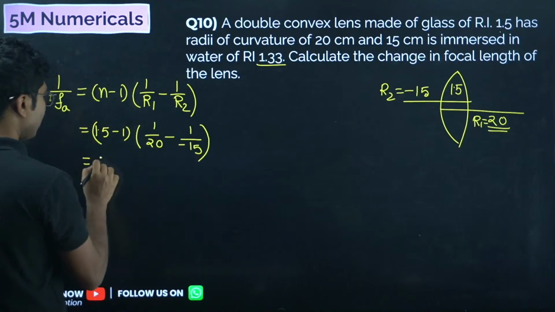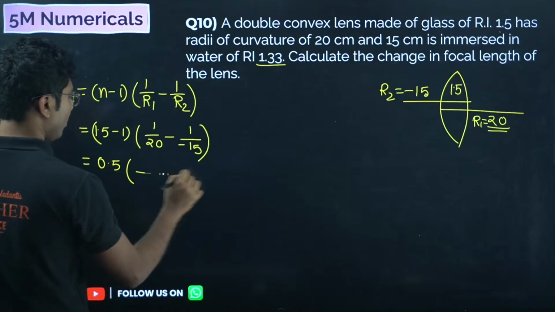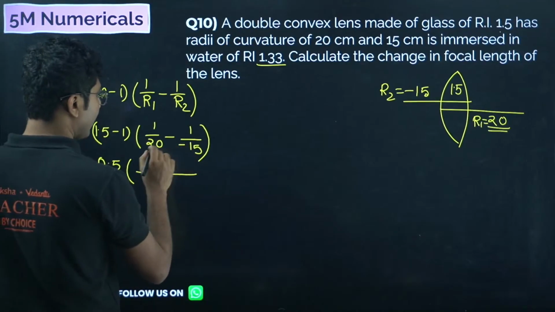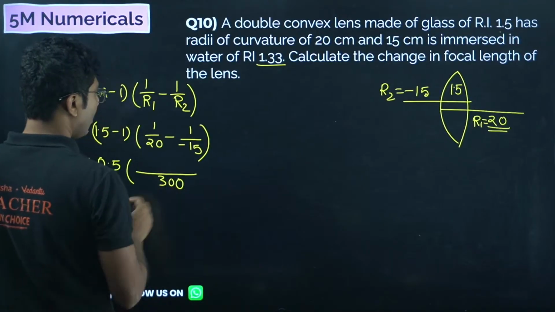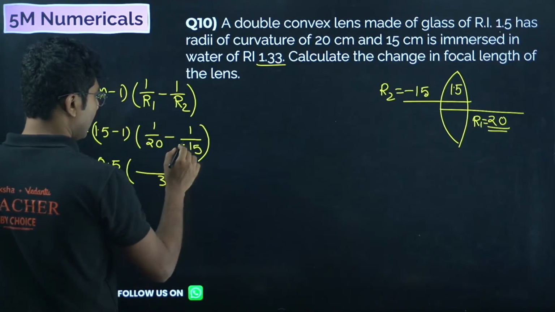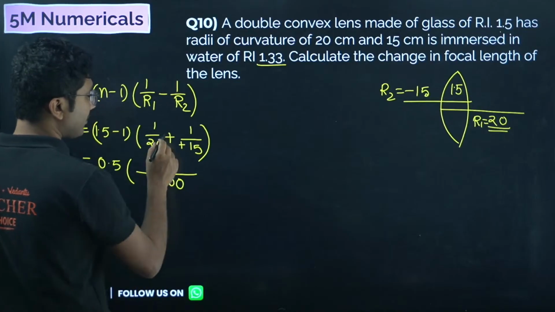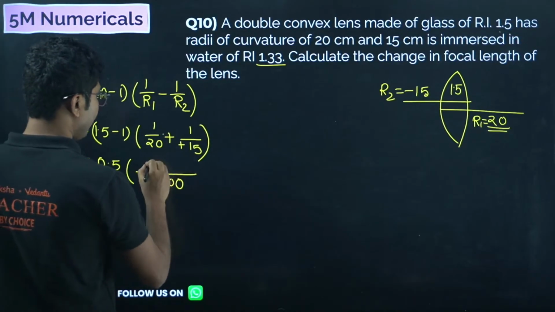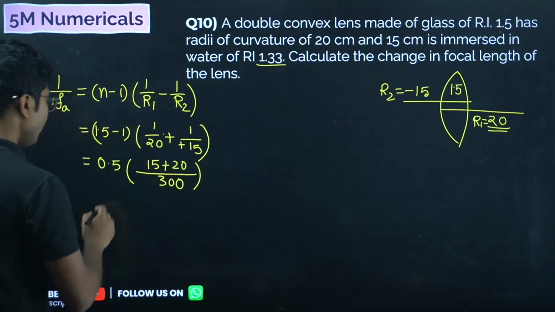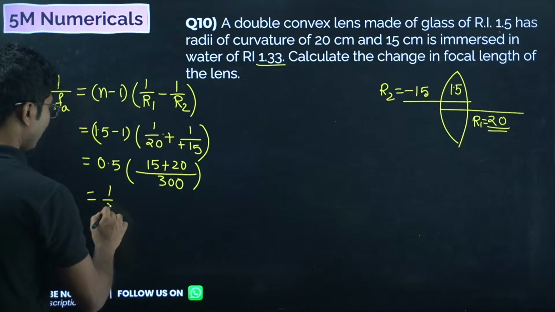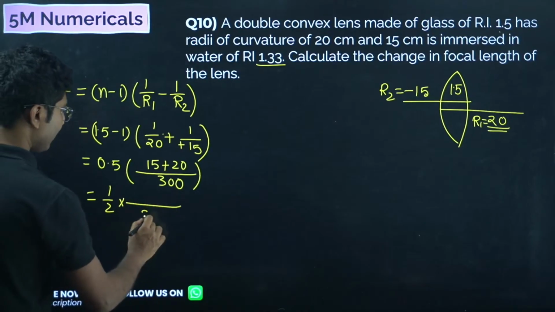So we get 0.5 into 20 into 15 is 300, and the sign becomes plus now because minus minus is plus. So we get 15 plus 20. This is the easiest way, I don't want to do exact LCM.